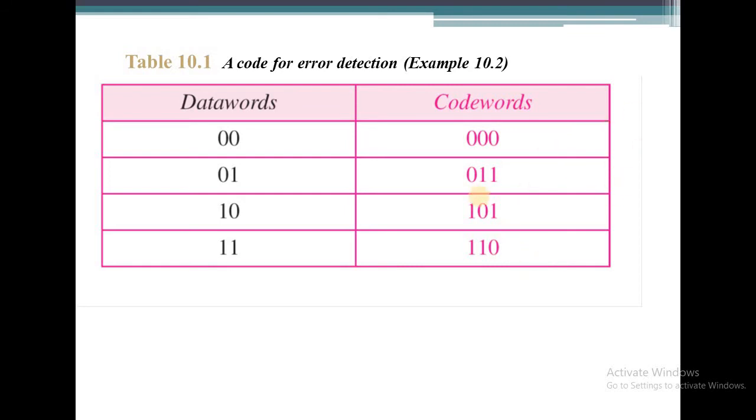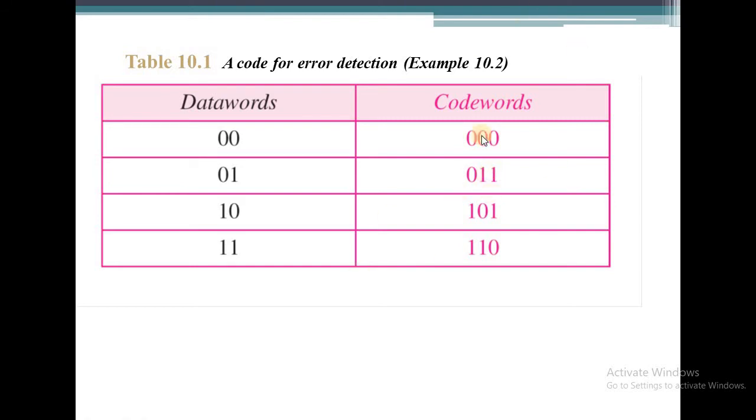Similarly, if you perform the XOR operation on the second and third code words, 0 XOR 1 is 1, 1 XOR 0 is 1, and 1 XOR 1 is 0, which is the fourth code word you can find here.